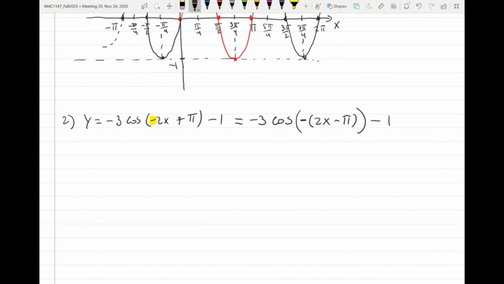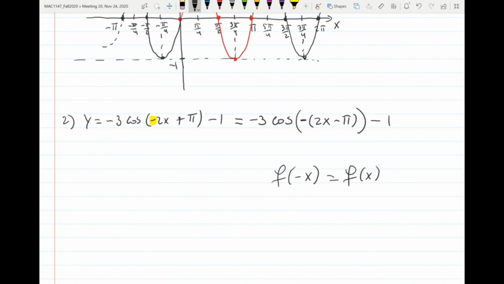Okay, now that we factor out the negative inside, we use the symmetry of the function. What do we know about the cosine function? Is it even or odd? Remember, we discussed symmetry, so cosine is even, very good. And what does that mean about an even function? What happens to the negative? Remember, even means that when you plug in negative x, this is the same thing as the function itself.